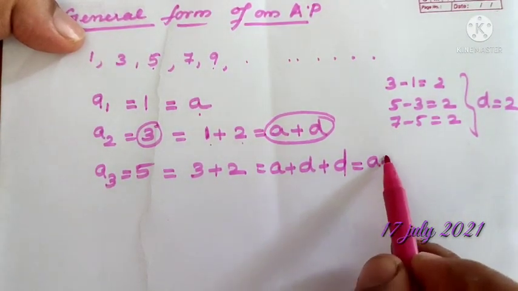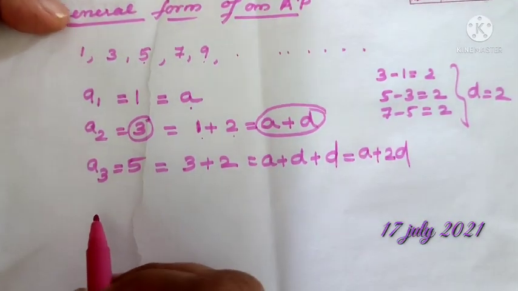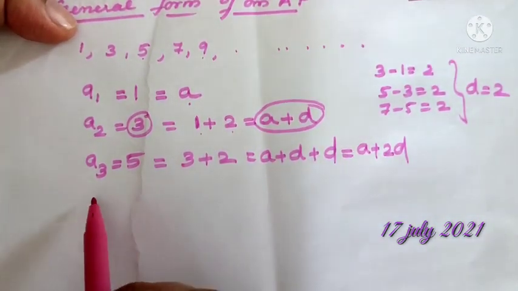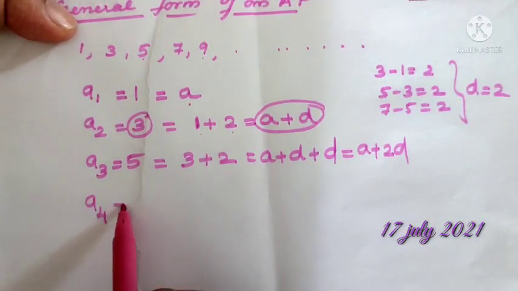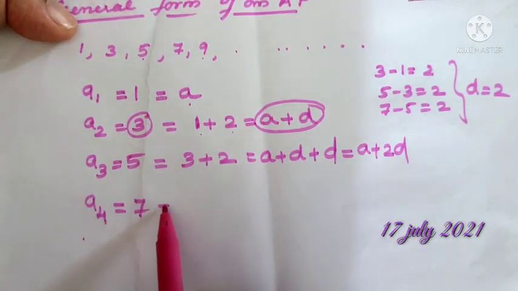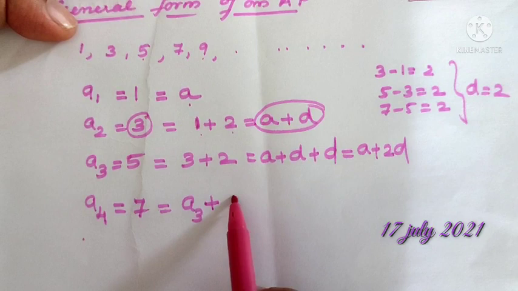A plus 2D. One more I'll write. Don't get confused, it is not that important now. When we make the next formula, that time it will be important. So it's just a beginning. A4 means it is 7. How will we get A4? A3 plus a fixed number, that is our D.